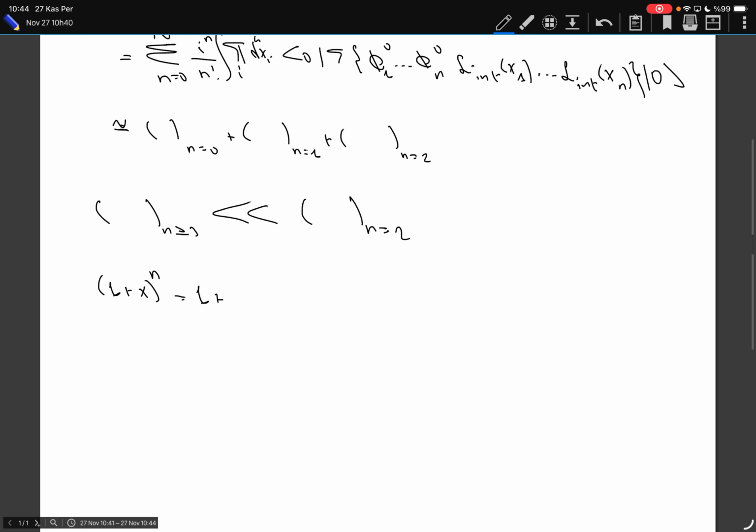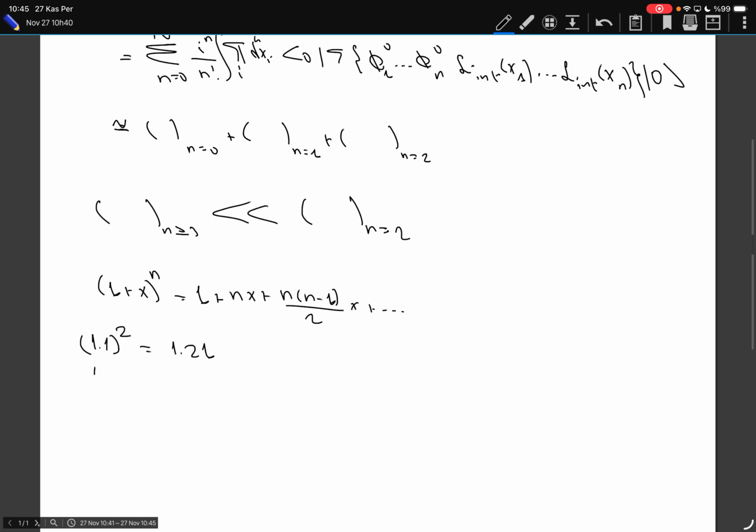This is 1 plus nx plus n times (n minus 1) over 2 x squared, etc. So let's do an example. Let's look at 1.1 squared. What is 1.1 squared? 1.21. This is the exact number.